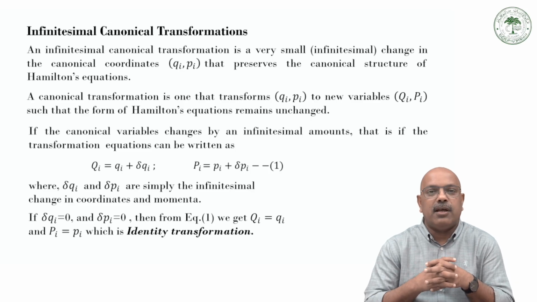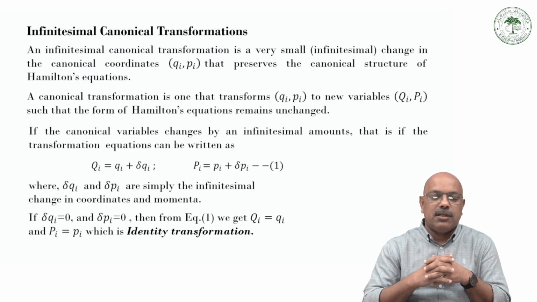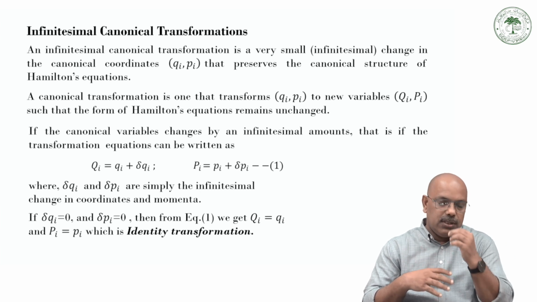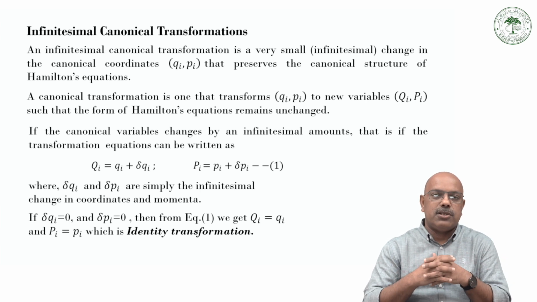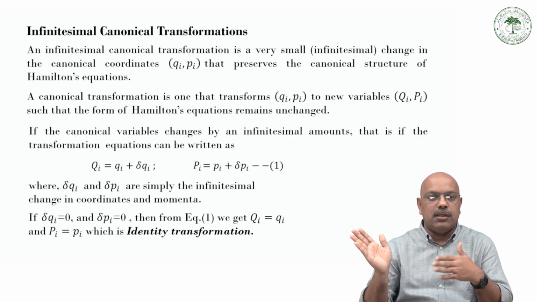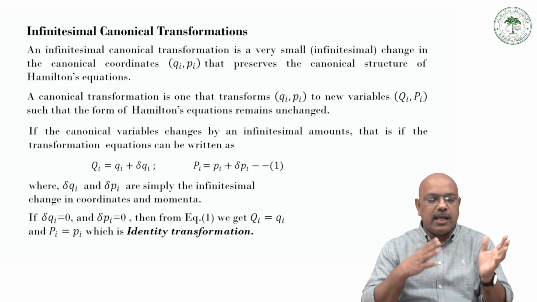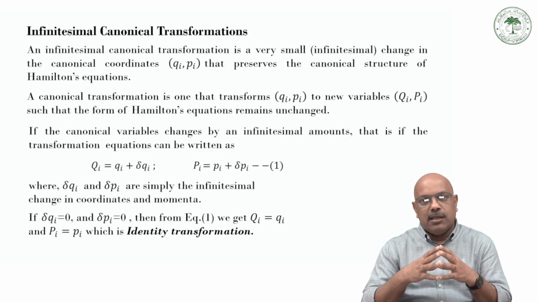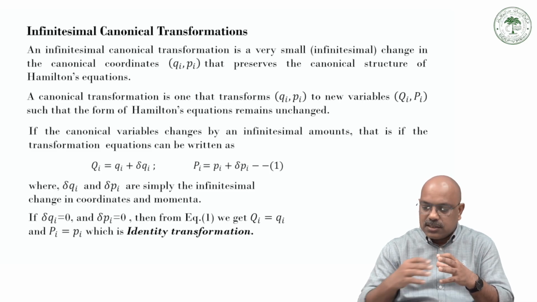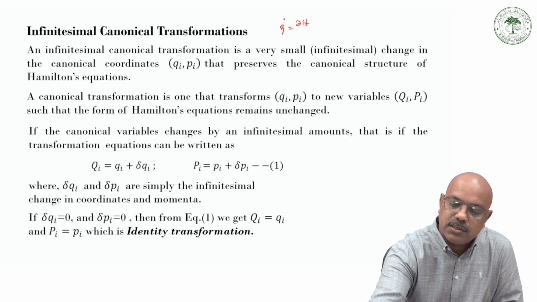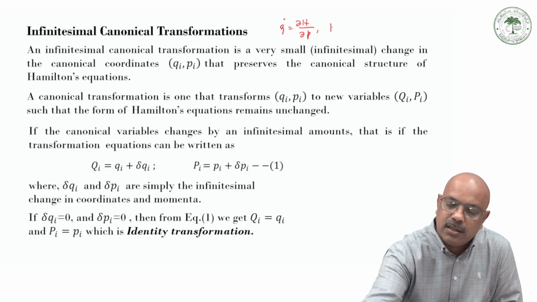We have done the canonical transformation, which demands that when you transform your old coordinates small q, p to the new canonical variables, capital Q and capital P, the transformation must preserve the Hamilton canonical equations, that is q dot equal to delta H upon delta p, and p dot is minus delta H upon delta q.